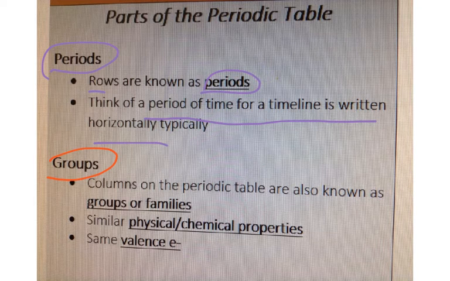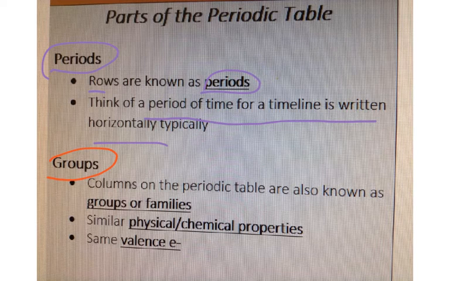Well, groups or families are the same, and the columns of the periodic table have very similar chemical and physical properties, which is actually surprising because when you look at a column, they are farther from each other by number than in a period. So a lot of people would assume that the elements in the same period would have similar properties, but that's not the case.